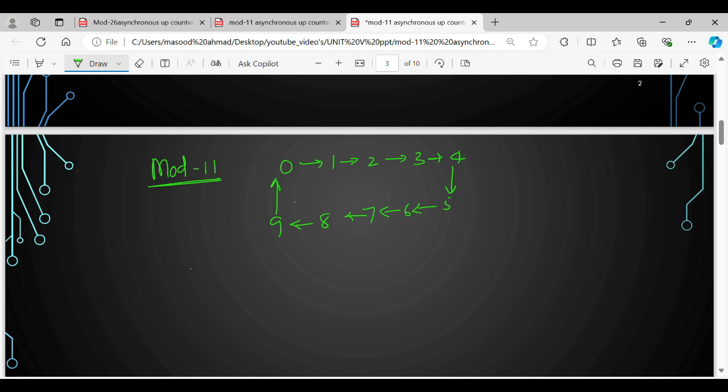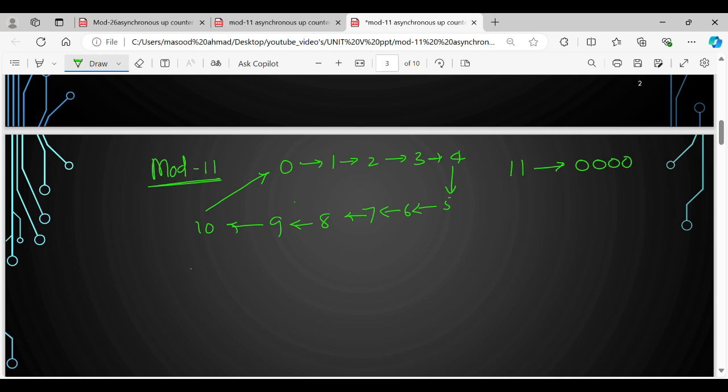But what we want is mod 11. So I need to extend one more step. So we'll go for one more state, called 10. From there it will go back, and the total number of states is 11. So what should not be there in this count sequence is that whenever it becomes 11, we should get a reset. It should be 0.